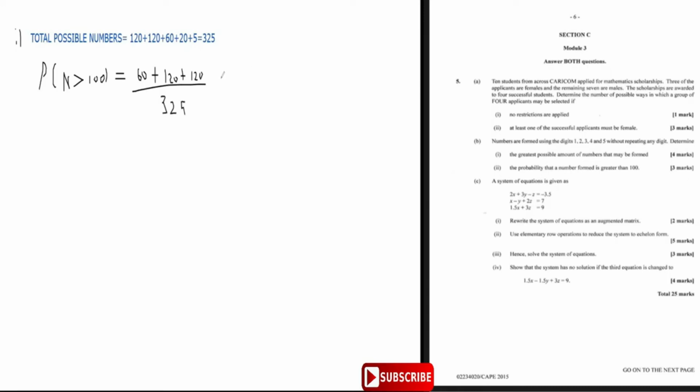So the probability of a number being bigger than 100 is, add up this, divide by 325, that's 300 over 325, and 300 over 325 is equal to 0.923. All right, 0.923. Nice and easy.